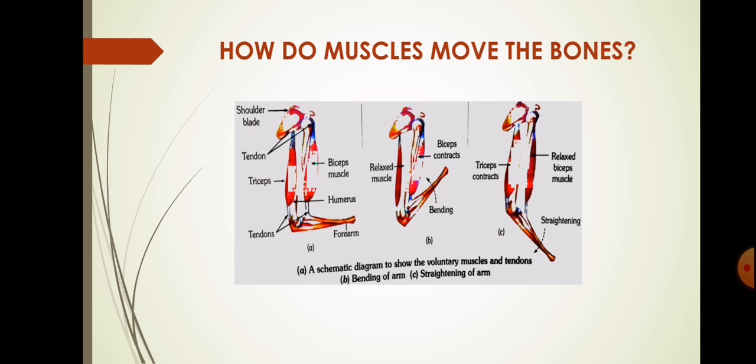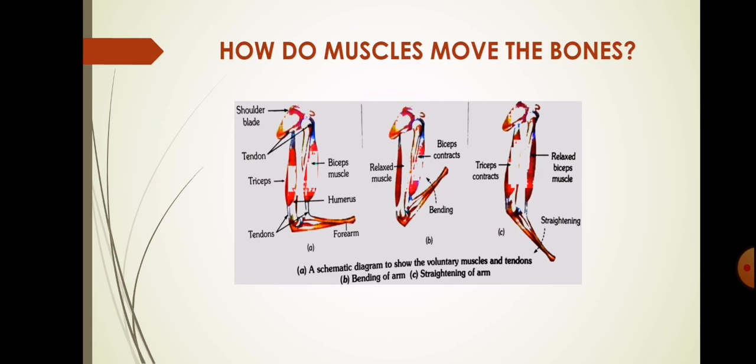Okay, if one part of the muscles contracts, the bone is pulled in that direction. When the muscles contract, the bones get pulled towards that direction.